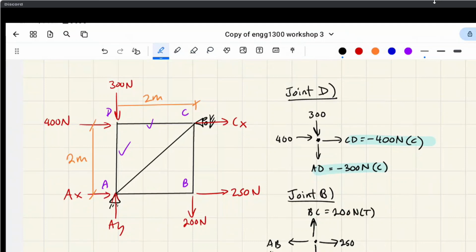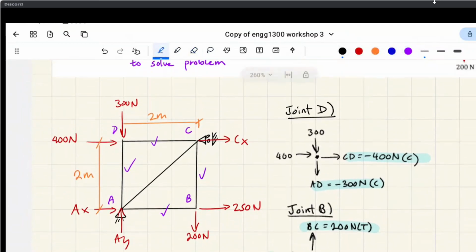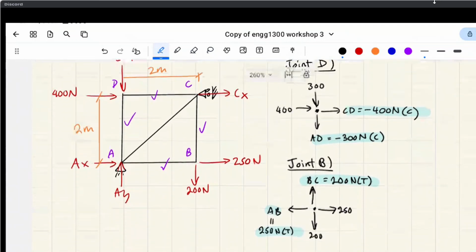And AB is 200 newtons tension as well. So now we have everything except the diagonal one. Okay, so here's a kicker. Would you go to joint A or joint C? So if we go to joint C, right?